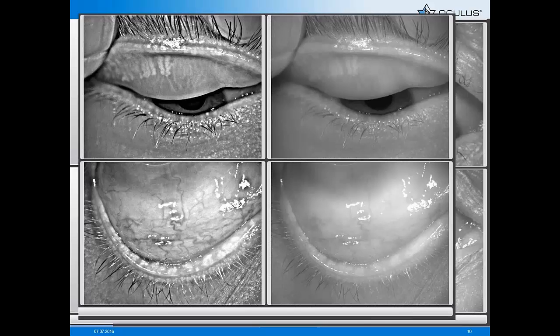So again, I'll touch on that a little bit later in the presentation, but I thought it was a good point to bring up of why being able to view the meibomian glands is so important. That's a very good point. Just in general, being able to look at the structure of the meibomian glands is going to be able to give the patient a good prognosis.